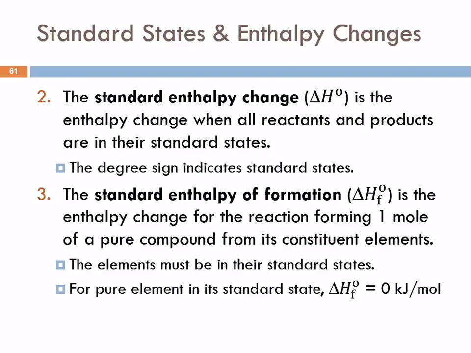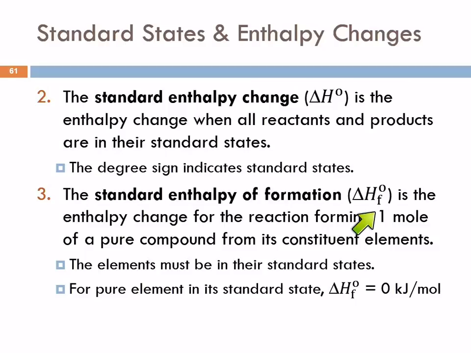So the standard enthalpy change, this is delta H with a degree symbol here, and that means standard. That's the enthalpy change when all the reactants and products are in their standard states. And the standard enthalpy of formation is defined as the enthalpy change of the reaction forming 1 mole of whatever that compound is from its elements.